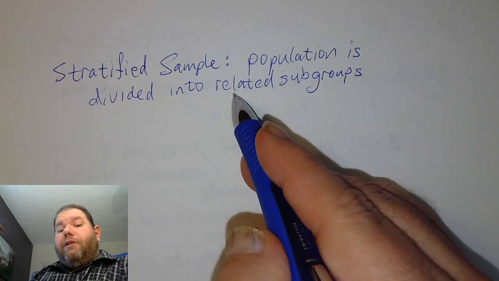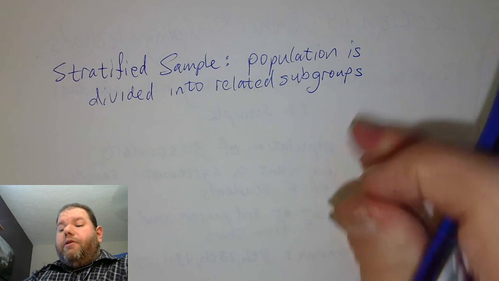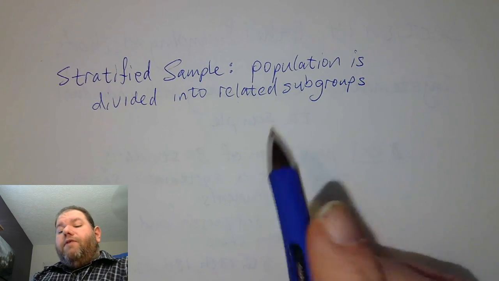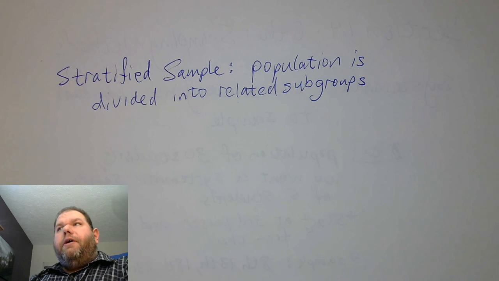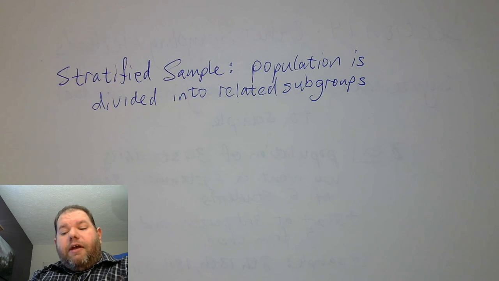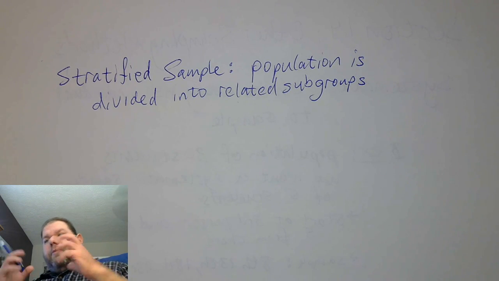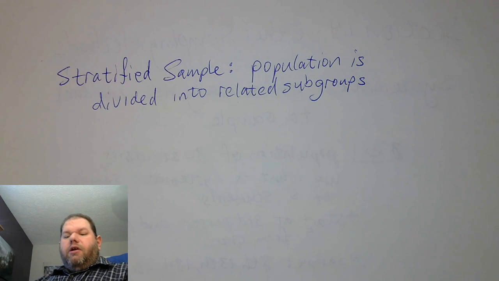Now, when we say related, this is kind of an important word here. It means that the individuals that we put into these subgroups all have some kind of aspect about them that they share in common.